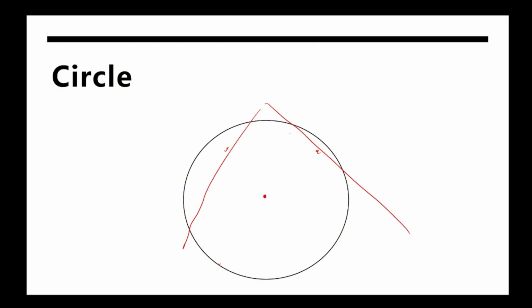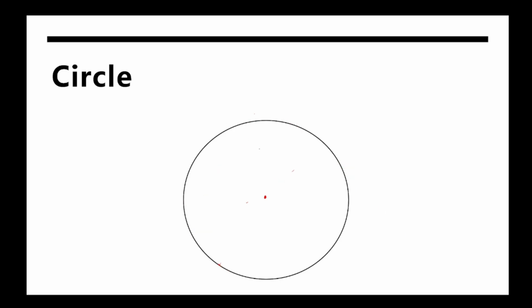And for chords with equal length, let's say this is a chord with length x, the distance between it and the center here is equal. No matter where it is, if we have the same chord with the same length x, sorry, this is drawn a little bit out of scale, but the distance from the chord to the center will be equal. And some properties about angles in the circle you need to know.